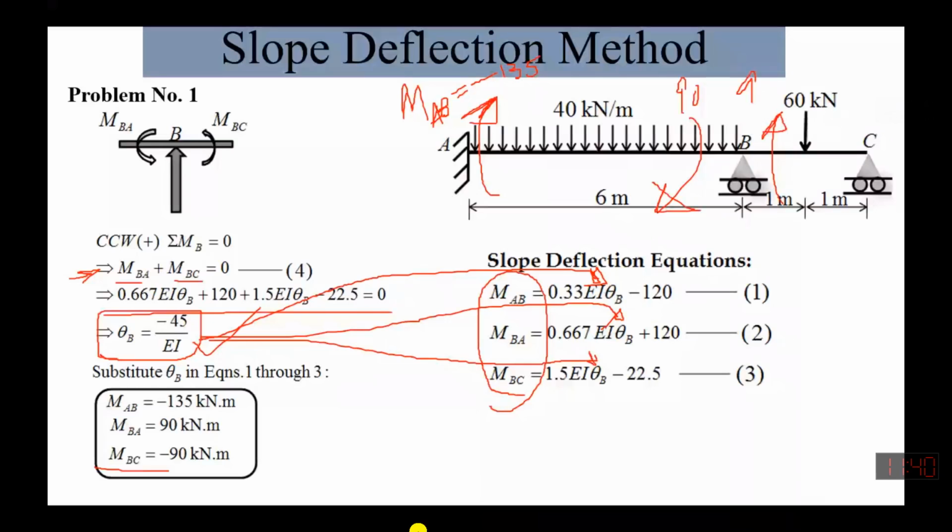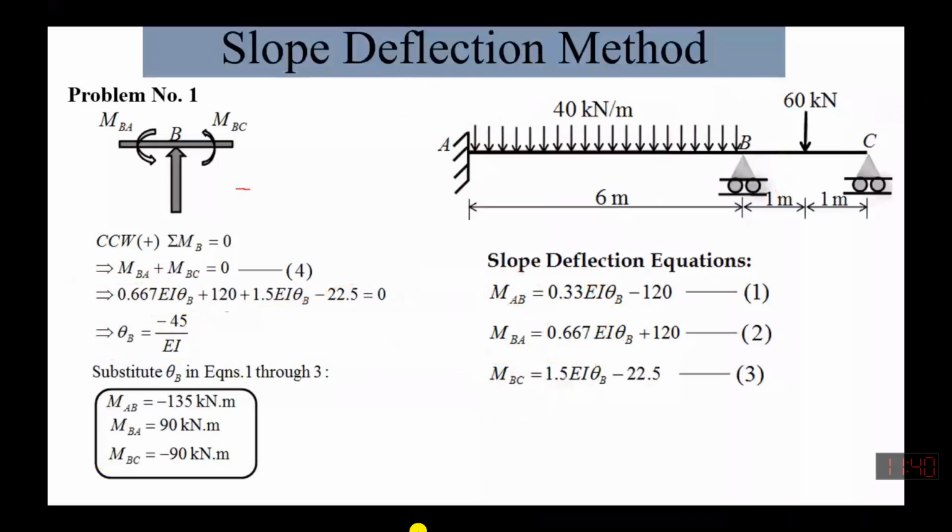Once we have end moments, we have the applied load with us. Can we find the reactions? If we have end moments, students, I redraw this first span, and we have a UDL on it, 40 kilonewton meter.